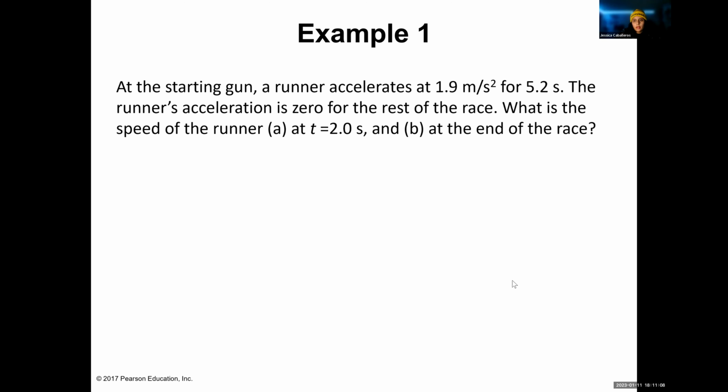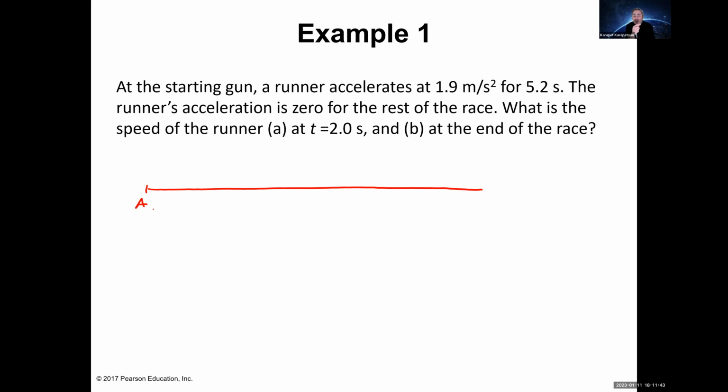One-dimensional. Exactly, one-dimensional, which means what we have here is, I like to always do a rough sketch. So let's say this is the race going from point A to the end. But here's the thing: we have two parts because it says that it starts from rest, at, let's say, position A. It then accelerates at 1.9 meters per second squared, but it accelerates for 5.2 seconds.